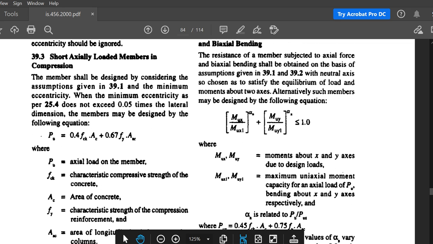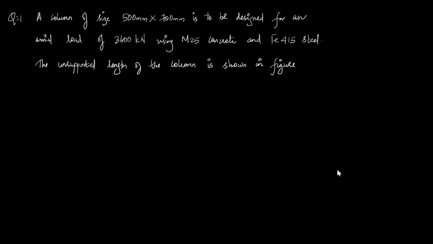So now we will see a question. A column of size 500 mm by 700 mm is to be designed for an axial load of 3600 kN using M25 concrete and Fe 415 steel. The unsupported length of the column is shown in the figure.